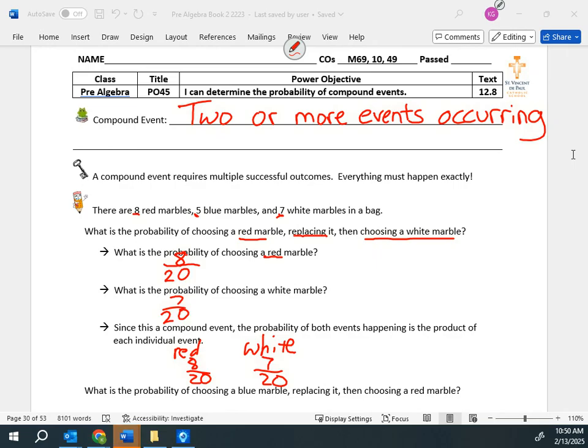What do you think I'm going to do with those 2 event probabilities? What's your guess, David? You're going to add them. Good guess, but I am not adding them. What is your guess, Christina? Multiply. So I need to know every event, what the probability of that individual event is, and then I multiply them together.